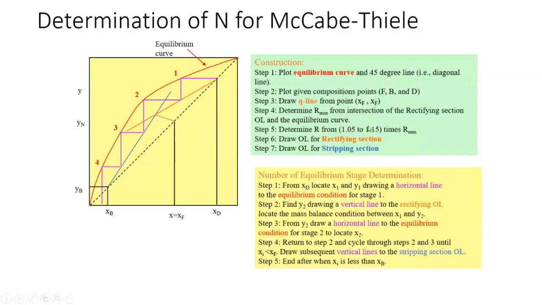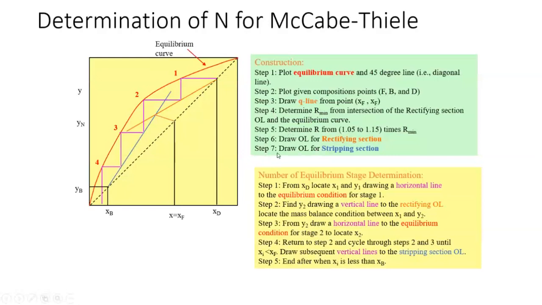Any value we take in between this, and multiply R minimum by that, to get the actual R value. This value is taken for cryogenic distillation. For chemical distillation, we generally take this factor as 1.3 to 1.5.